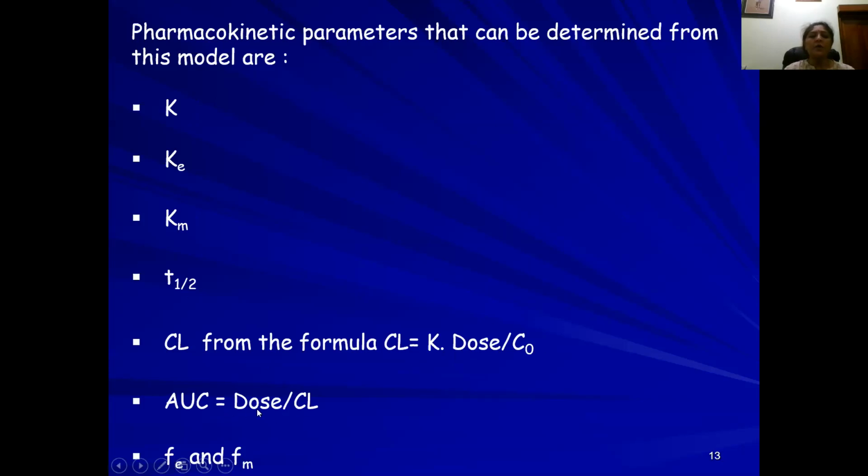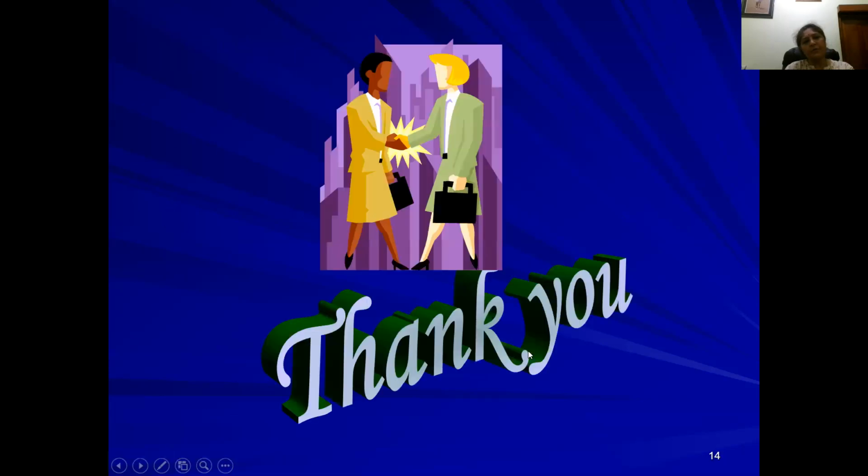AUC is equal to dose by clearance; Fe and Fm. So, as I have been saying, the objective of any pharmacokinetic model is to get the pharmacokinetic parameters. Using the urine data, we can get these many pharmacokinetic parameters. Thank you. I hope this is clear to you. In case of any clarification, please don't hesitate to contact me. Thank you.